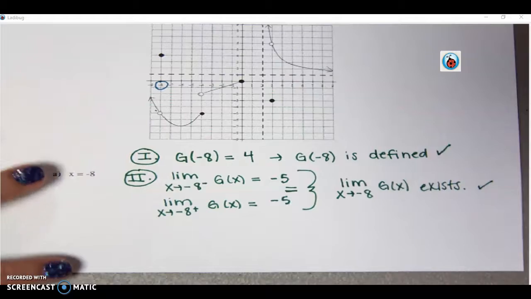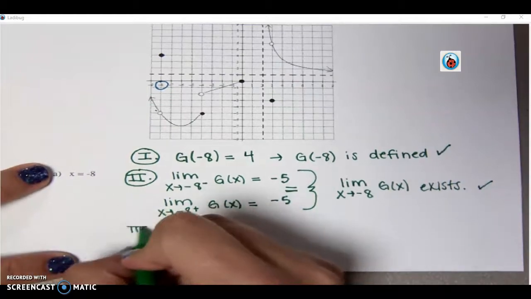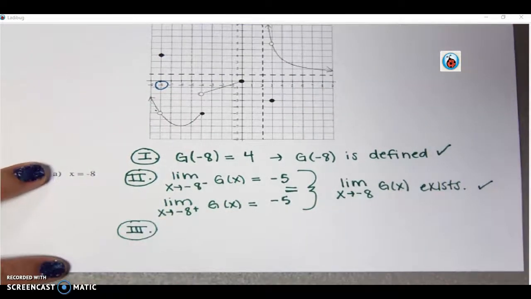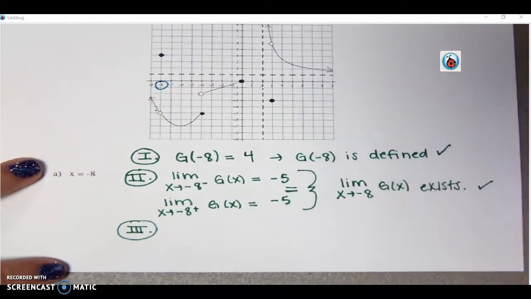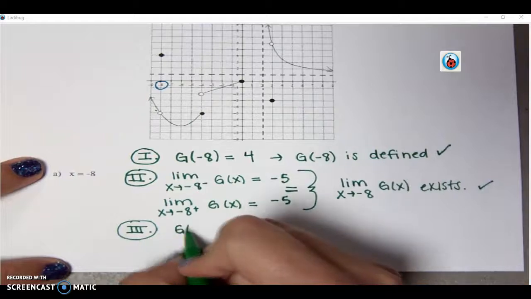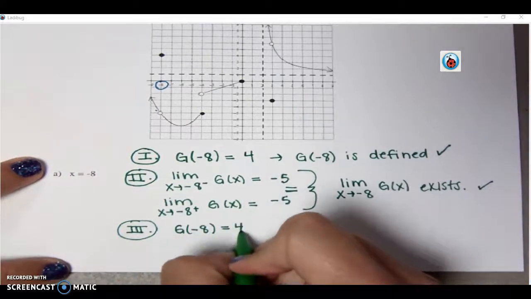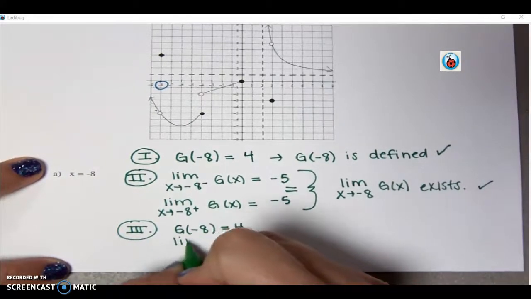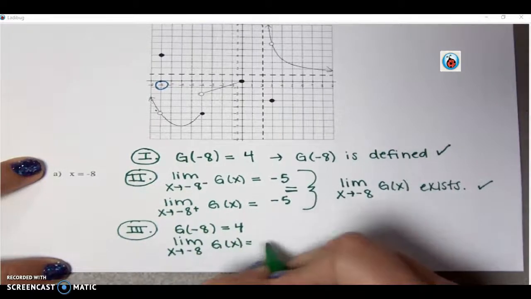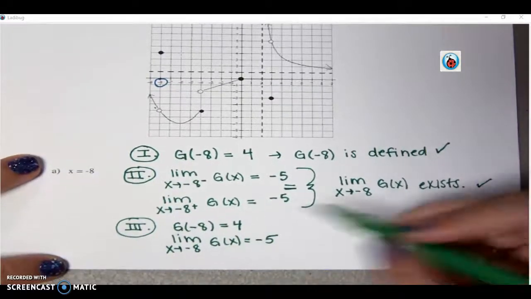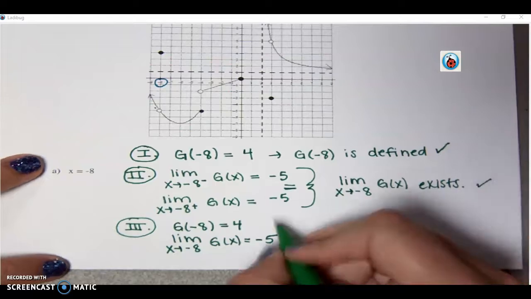So there's step 3. Step 3, you're just checking to see if step 1 and step 2 are equal. So from step 1, we found g of -8 is 4. Let's just write this down. And in step 2, we found the limit as x approaches -8 is -5. So these are not the same value.